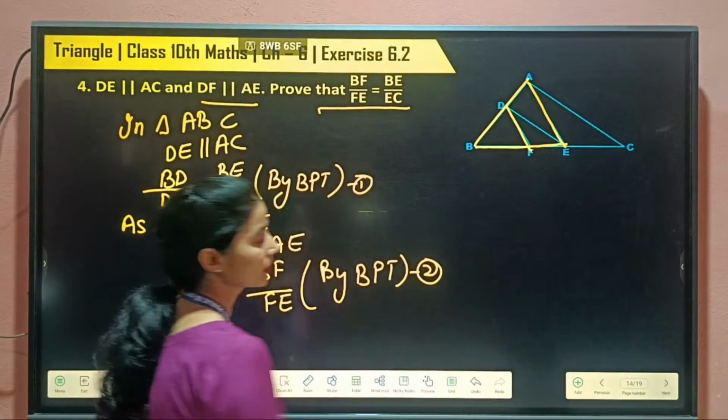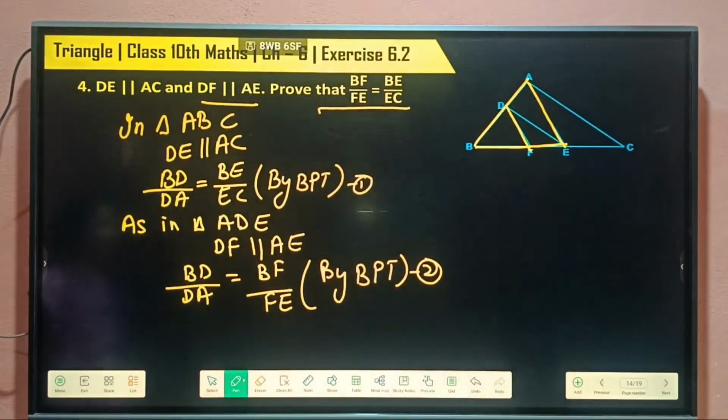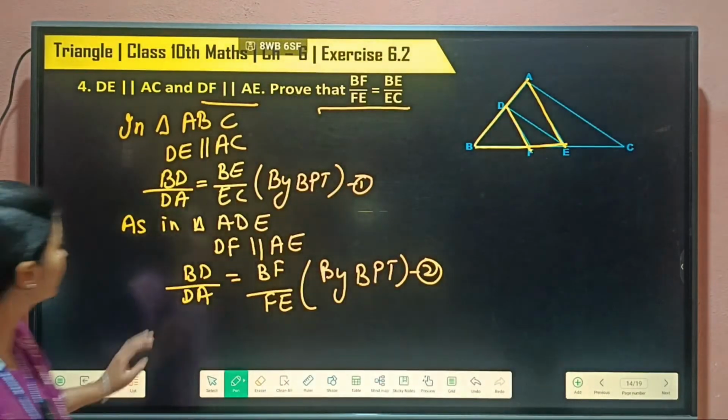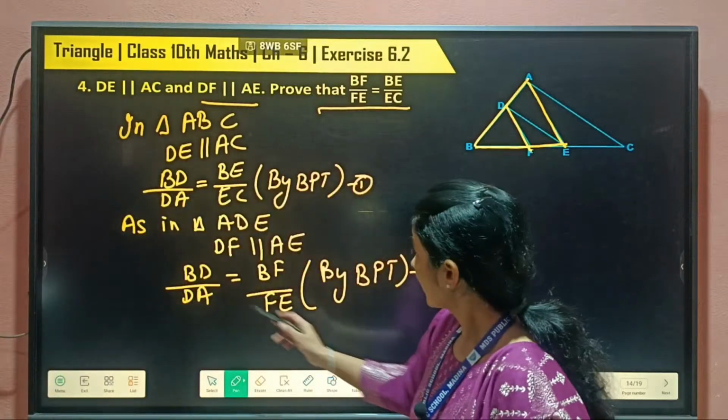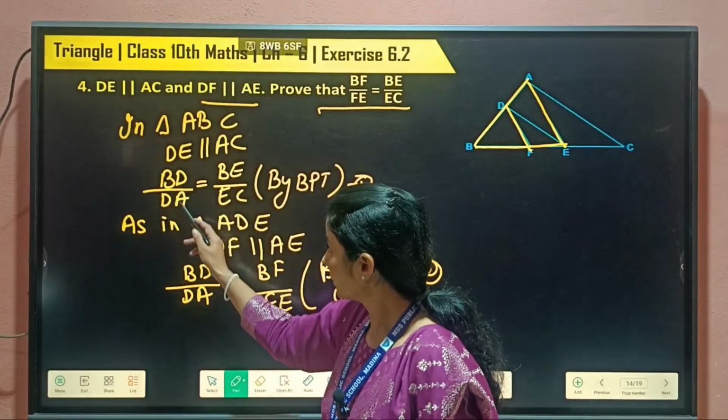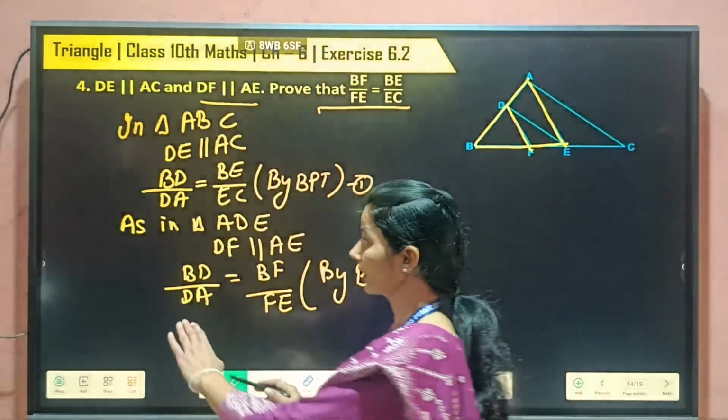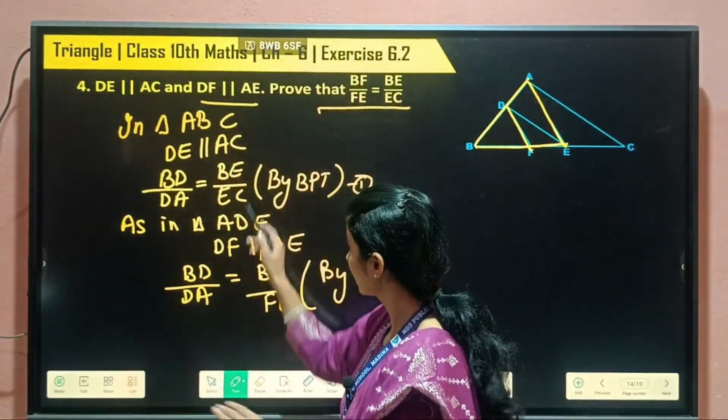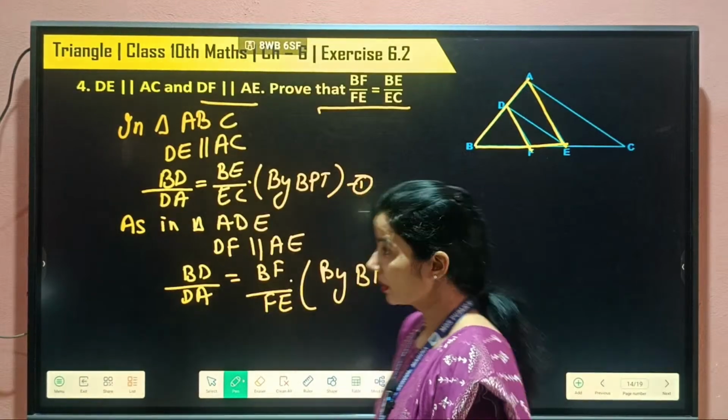Say equation number 2. From equation number 1 and 2, what can we say? You can see BD by DA, BD by DA, both left hand sides are equal. So their right hand sides will be equal. Equate.